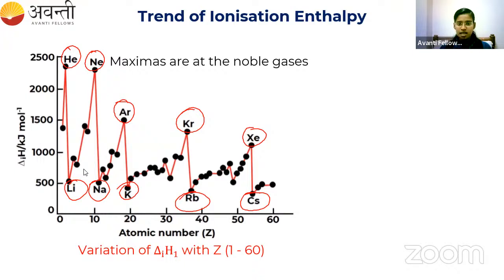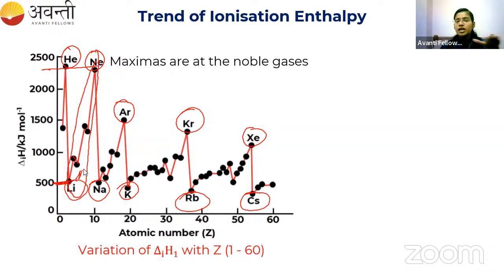Suppose for example, if I take the second period elements, the second period starts with lithium and goes on: beryllium, boron, carbon, nitrogen, oxygen, fluorine and neon. So this second period starts with lithium and ends with neon. Lithium has the lowest ionization energy, which is 500 kilojoule per mole, and neon has around 2400 kilojoule per mole.